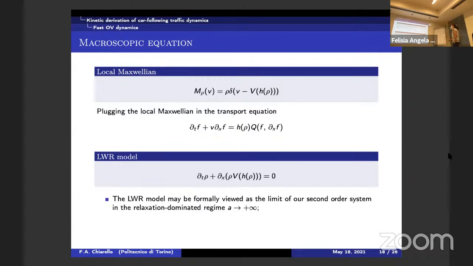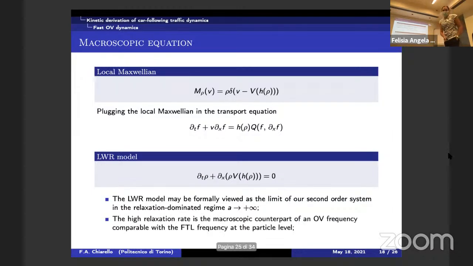So in this case, the LWR model will be formally viewed as the limit of our second order system in the relaxation dominated regime as A tends to infinity. And the high relaxation rate is the macroscopic counterpart of an optimal velocity frequency comparable with the follow the leader frequency at the particle level.